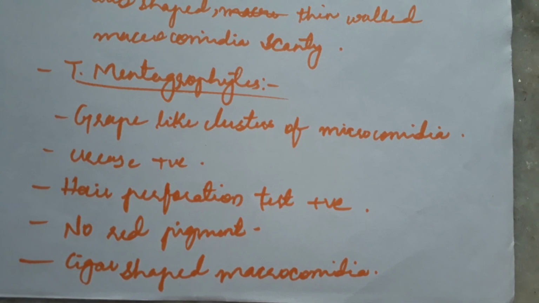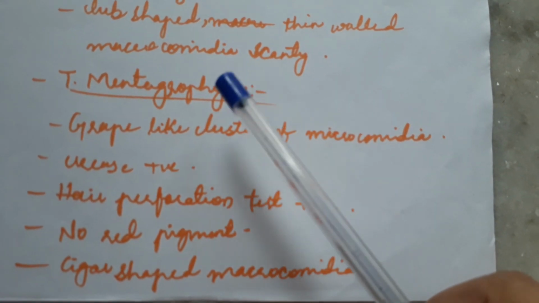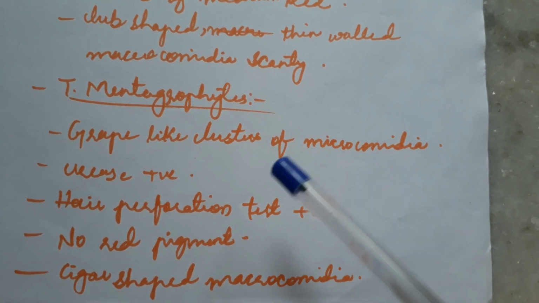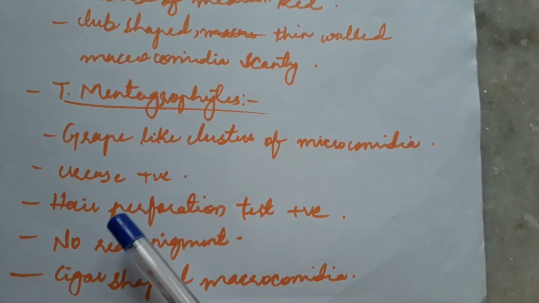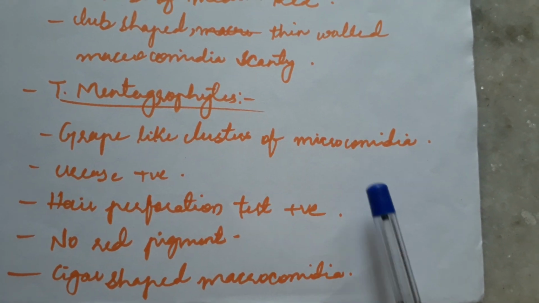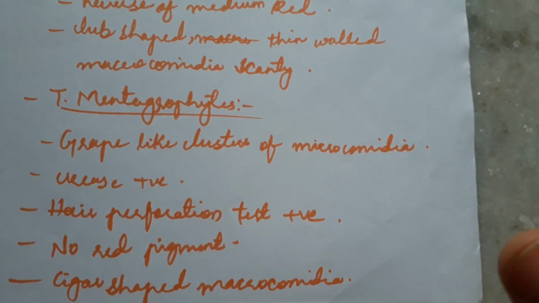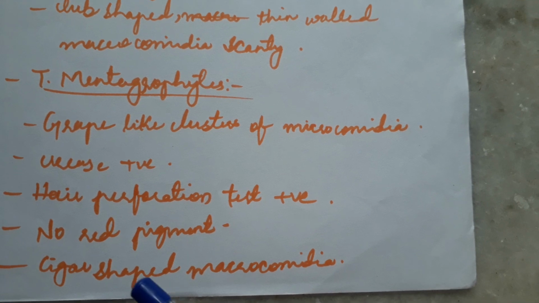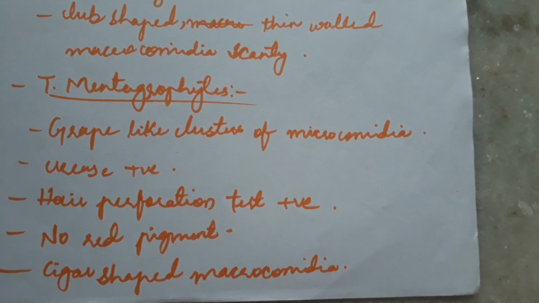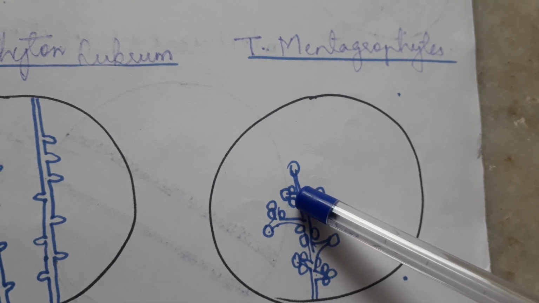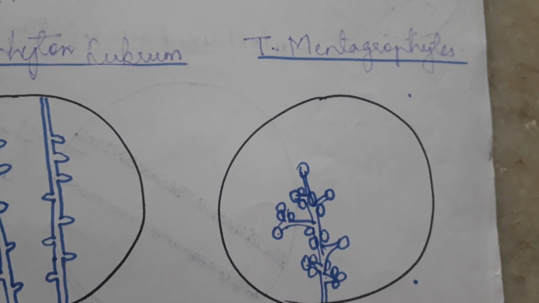Coming to Trichophyton mentagrophytes: grape-like clusters of microconidia, urease positive, hair perforation test positive, no red pigment on the reverse of the medium unlike Trichophyton rubrum, and cigar-shaped macroconidia.